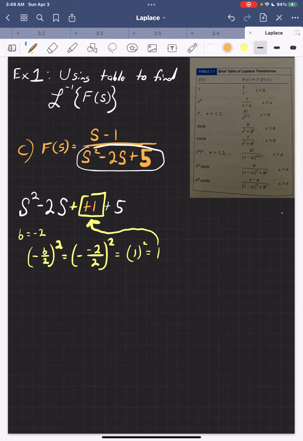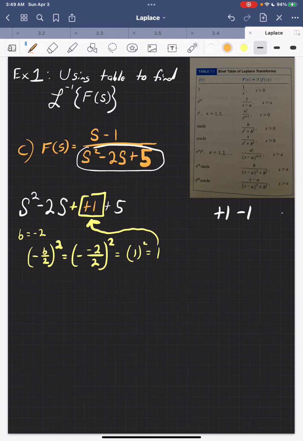But look, pay attention here, you can't just add 1 in this problem, right? You would change the problem, but watch the manipulation here. It's true, you could add 1 on this side if you add 1 on this side, but even better, do you agree with me that if I add 1 and subtract 1 at the same time, I've not changed anything?